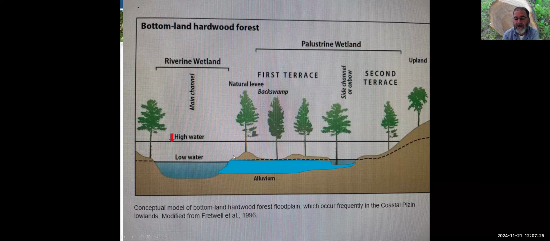And as soon as it reaches this natural levee, the water disperses and that heavier sand is deposited. So oftentimes the levee is composed of a great deal of sand and organic matter, rich soil, good productivity for trees. But the type of trees that can grow here can be completely different than the type of trees that can grow maybe just 50 yards away in this back swamp area.